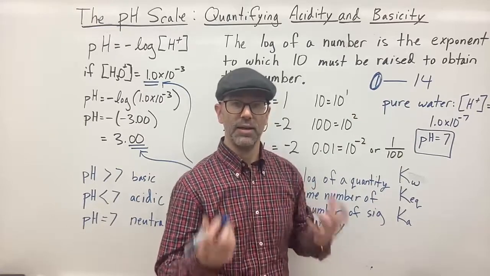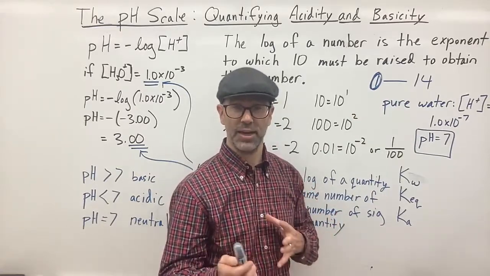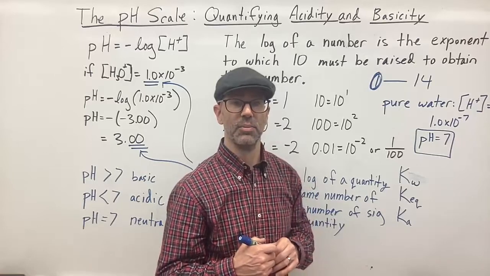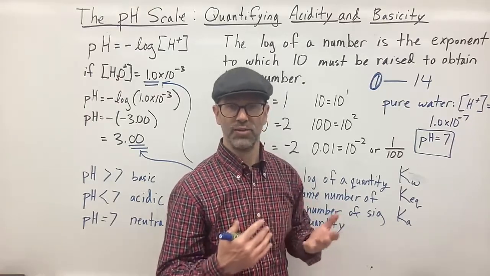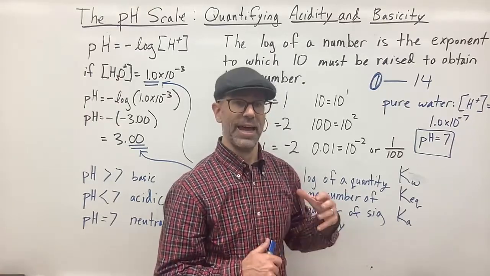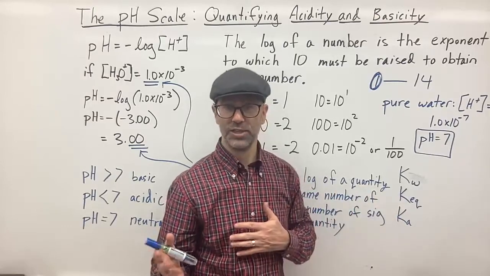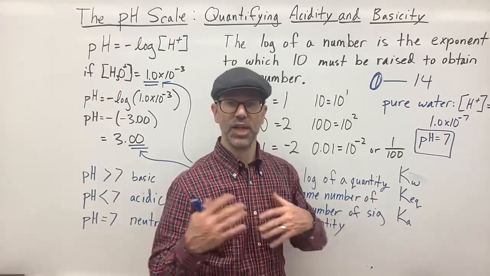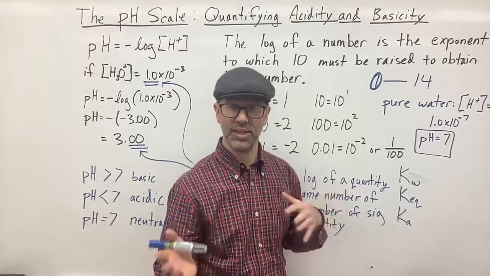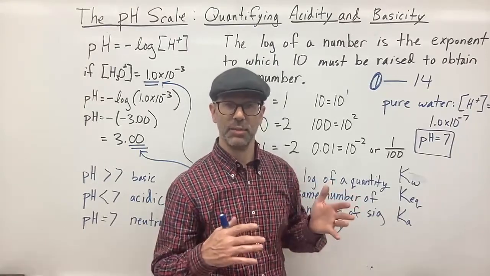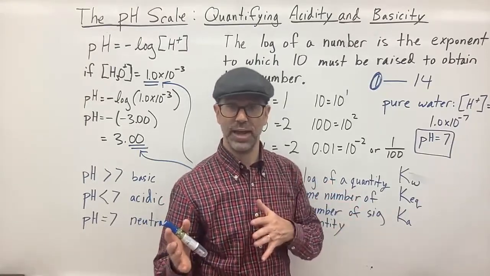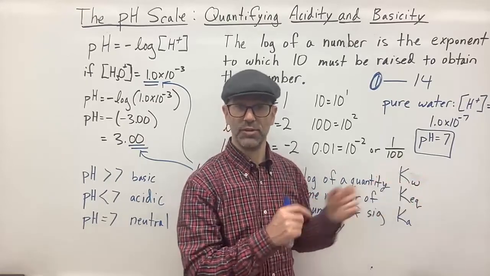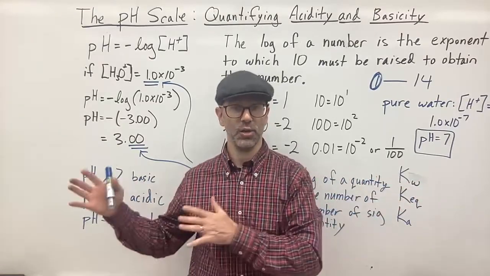And this also, again, think about whether the auto-ionization of water is an exothermic or endothermic reaction. As we said, according to Le Chatelier's principle, if you change the temperature, an exothermic reaction is going to switch one way, and an endothermic reaction will move the other way.